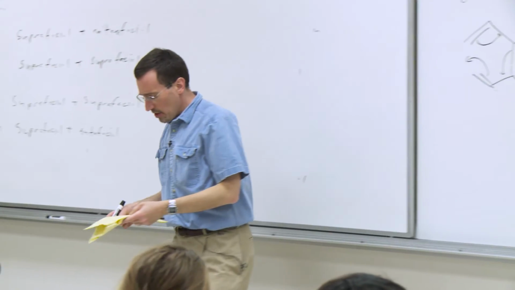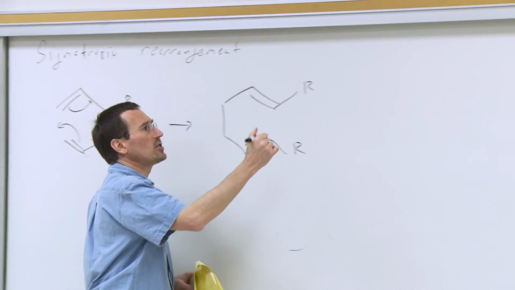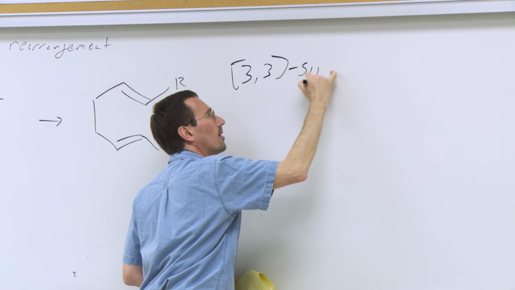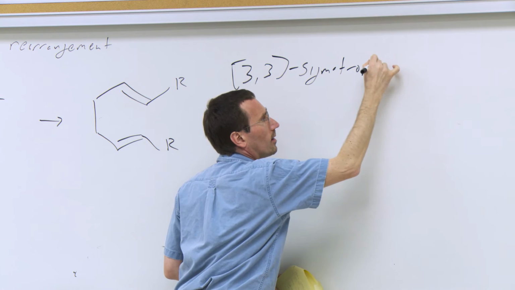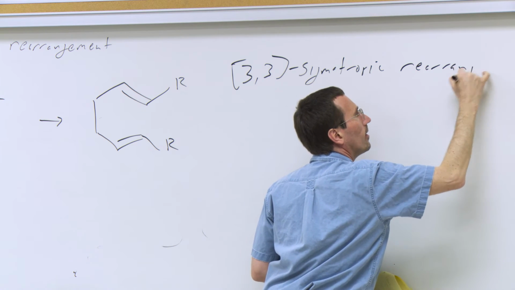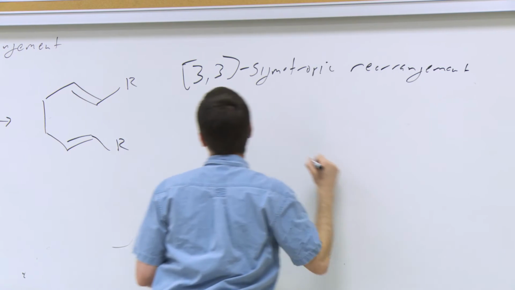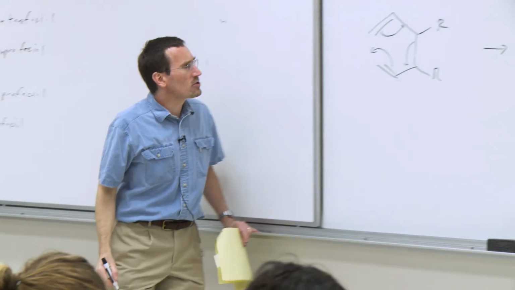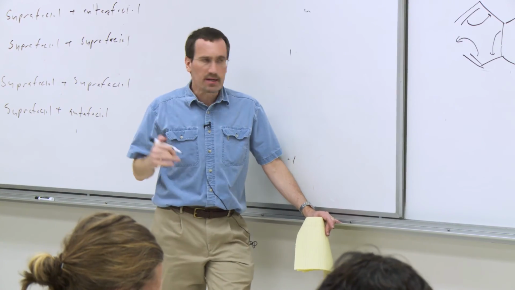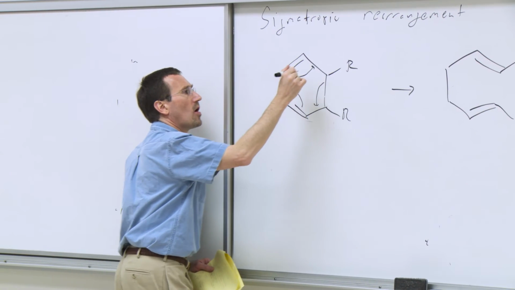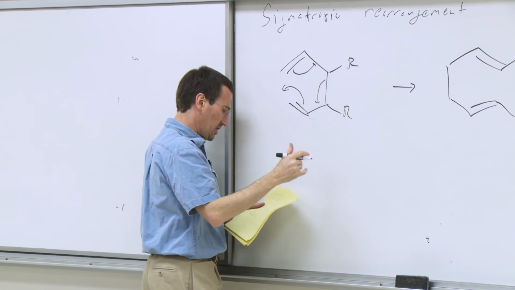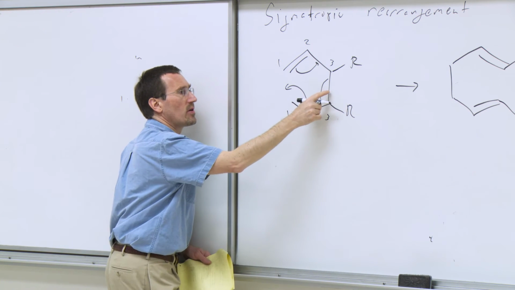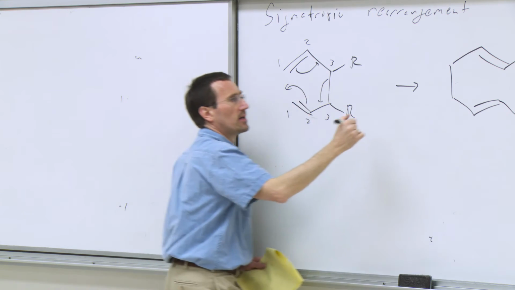And the term 3,3 sigmatropic rearrangement, or the order, as we call it, the order of the sigmatropic rearrangement comes from the number of atoms you skate over. So over here, we go across 3 atoms, 1, 2, 3, 1, 2, 3, and we move our sigma bond from here to here.